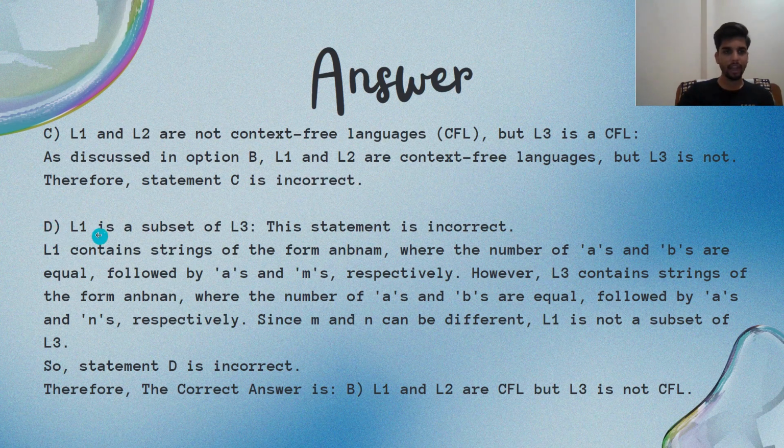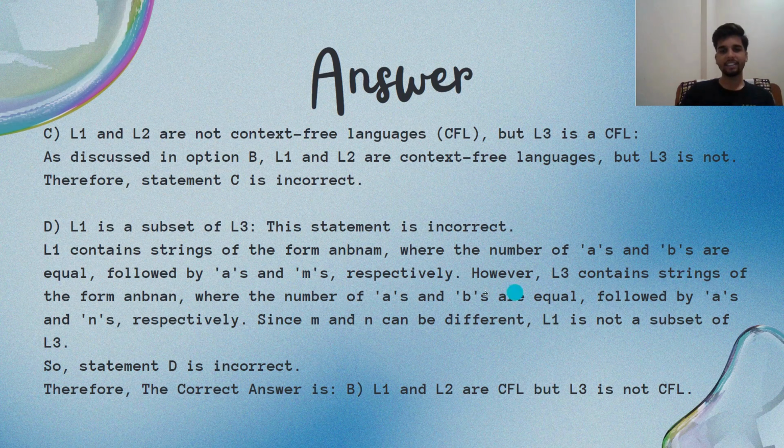We have the fourth option, L1 is a subset of L3. This statement is incorrect because L1 contains strings of the form a raised to n, b raised to n and a raised to m, where the number of a's and b's are equal, followed by the number of a's being m.